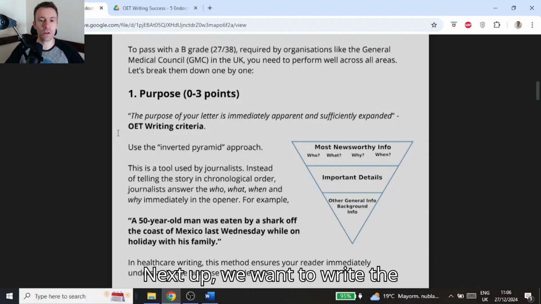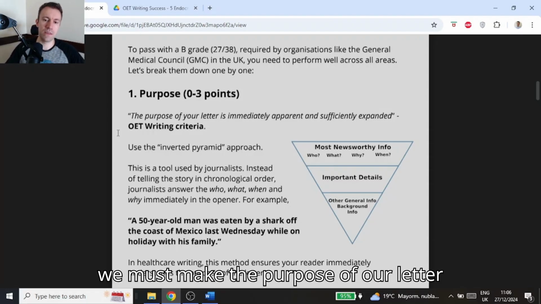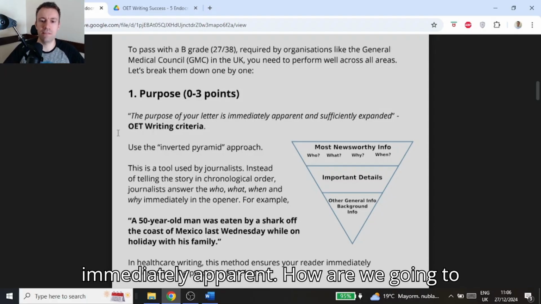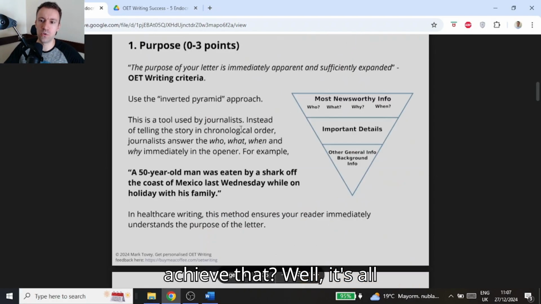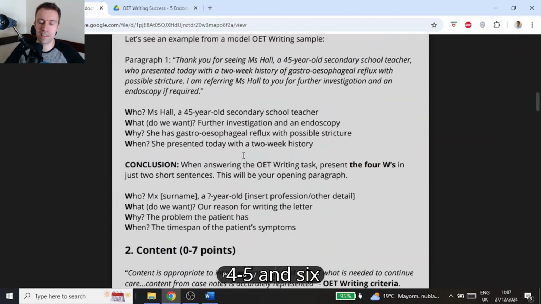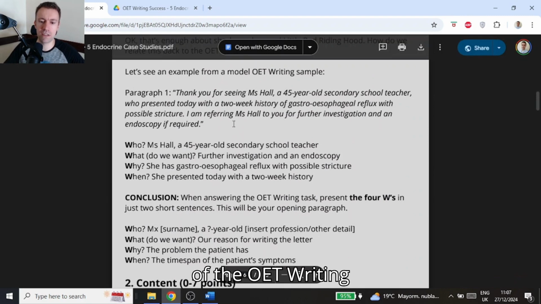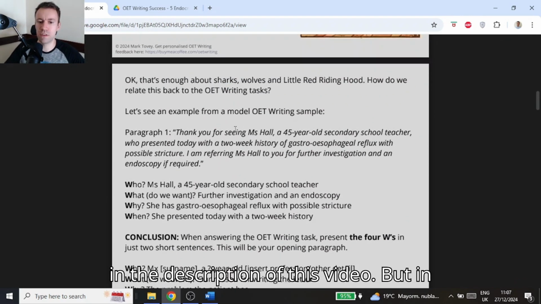Next up, we want to write the introductory paragraph. And the OET writing criteria say that we must make the purpose of our letter immediately apparent. How are we going to achieve that? Well, it's all explained here on pages 4, 5, and 6 of the OET Writing Success book, which you can download in the description of this video.